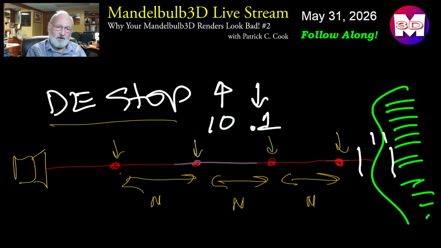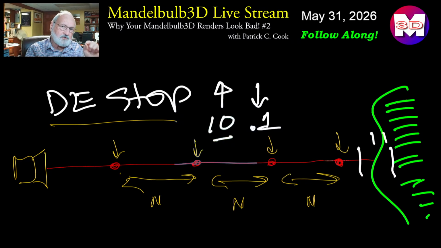Now, if I have a DE stop that's pretty high, 10, Mandelbulb will say, well, the fractal surface is somewhere in this area, all right? If I have a DE stop that's lower, it says the surface must be somewhere in this area, all right?